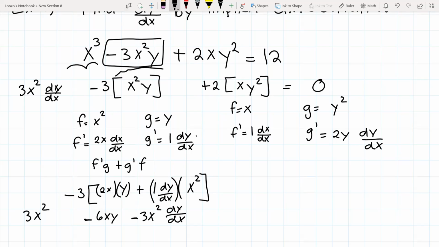So it's going to be plus 2 times product rule: f prime, which is 1, times g, which is y squared, plus g prime, which is 2y dy dx, times regular f, which is x.